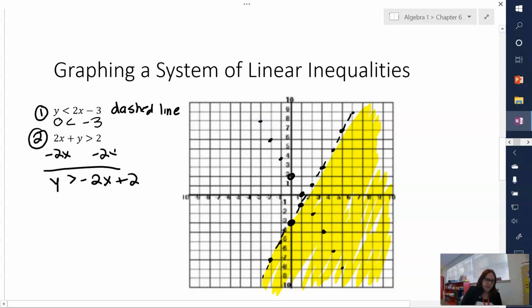Okay. And this one is also dashed. So I'm going to draw this in like this. Here's my dashed line coming in.